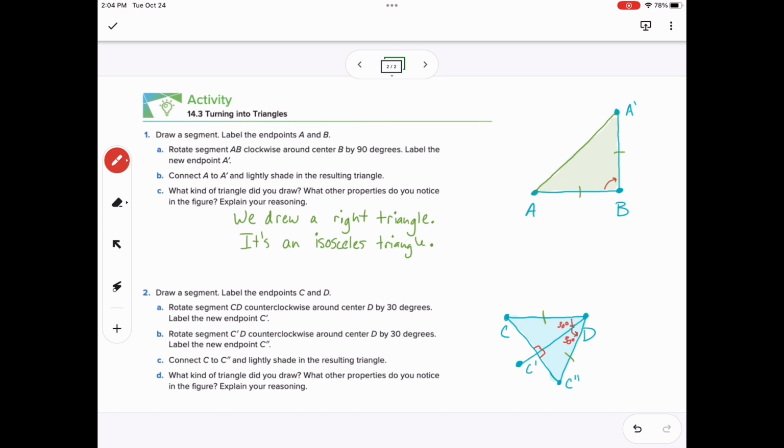We've talked about an angle bisector before, which also means that C prime D is perpendicular to C and C prime, and so that leaves those other angles as 60. So angle C, angle D, and angle C prime are all 60-degree angles, so that actually makes it an equilateral triangle. So all the angles are equal to each other, and all the sides are equal to each other too.